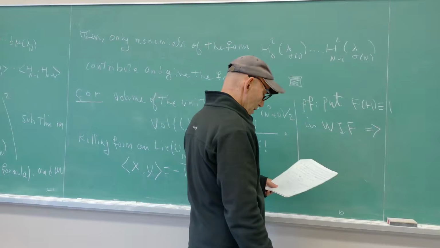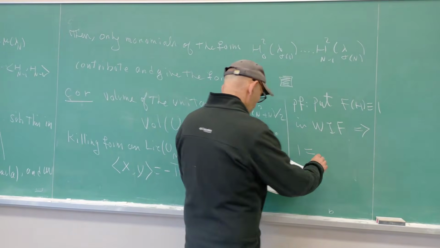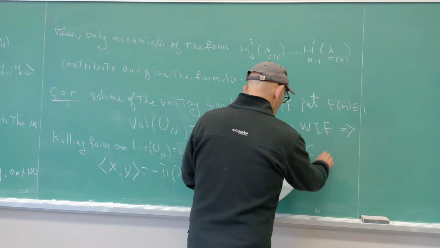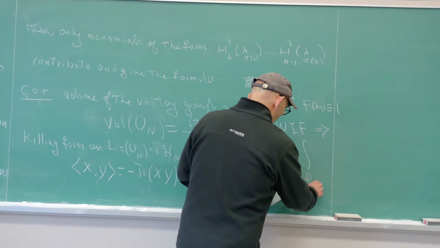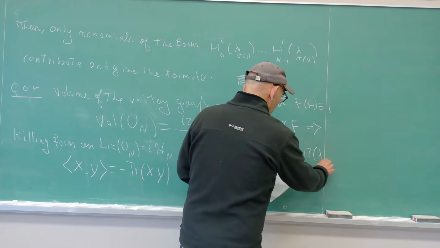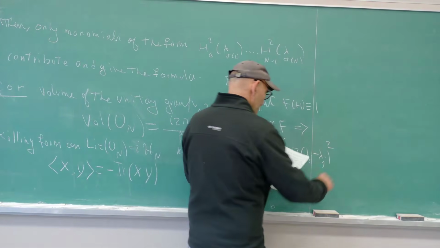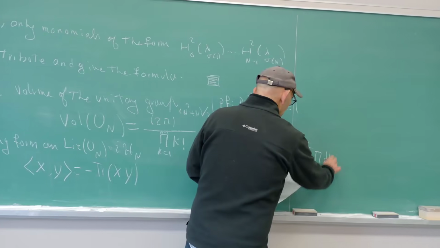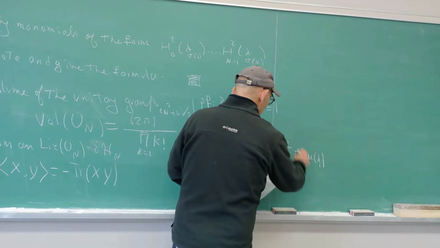So this gives you that 1 is equal to the constant Cn times this integral over R^n, the product of lambda i minus lambda j squared, the product of d mu lambda i.